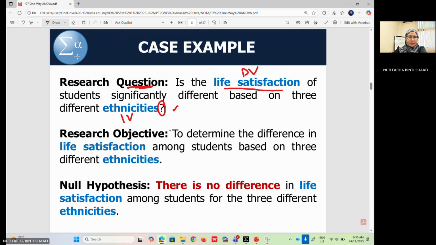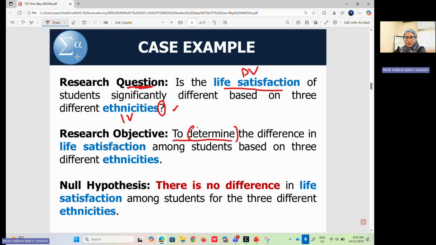Okay. If you see the pattern of the way we write the research question, research hypothesis, and research objective, they are quite similar, but the difference is the question mark and the way you represent the sentences. For example, if I say research objective, you should start with "to" and a verb. What verb do you use?